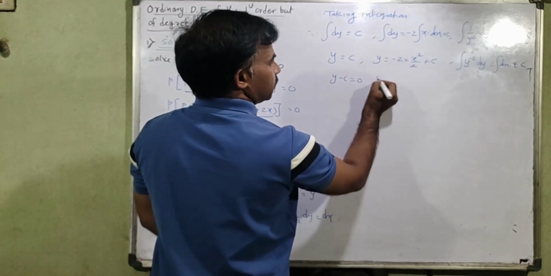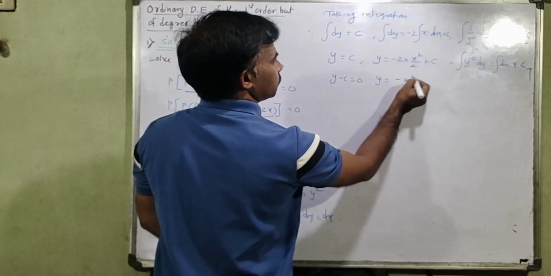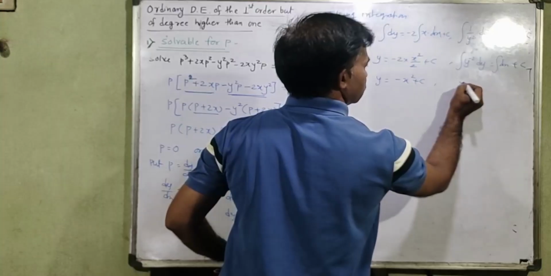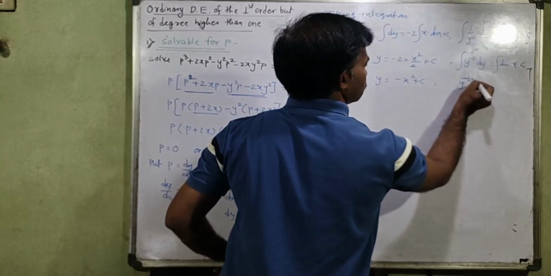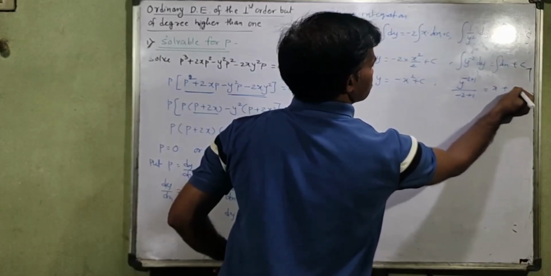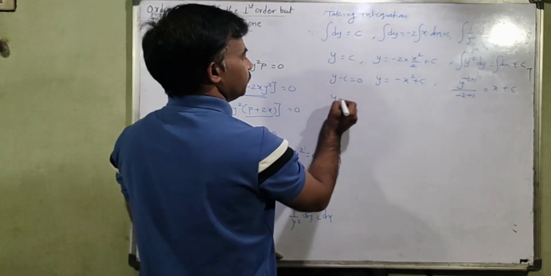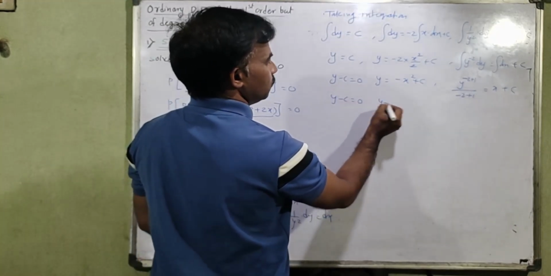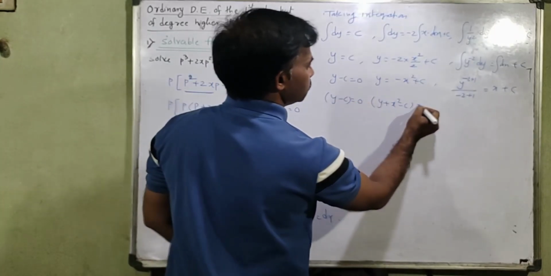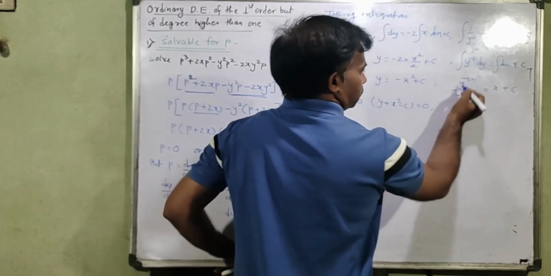Then the 2 cancel, and you will get minus x square plus c, and integration of this is nothing but y to the power minus 2 plus 1 divided by minus 2 plus 1 is equal to x plus c, and y minus c is equal to 0. Y plus x square minus c is equal to 0, and this is the minus 1.